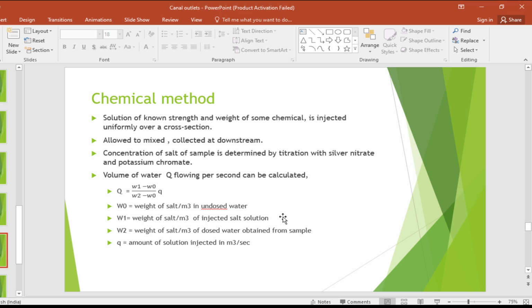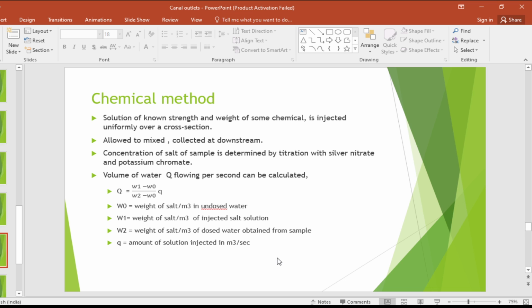The formula for that is Q equals (W1 minus W naught) divided by (W2 minus W naught) into q, where W1 is the weight of the salt solution we have injected into the water, W naught is the weight of salt in the undosed water, and W2 is the weight of salt in the dosed water, obtained from that sample. q is the amount of solution injected.